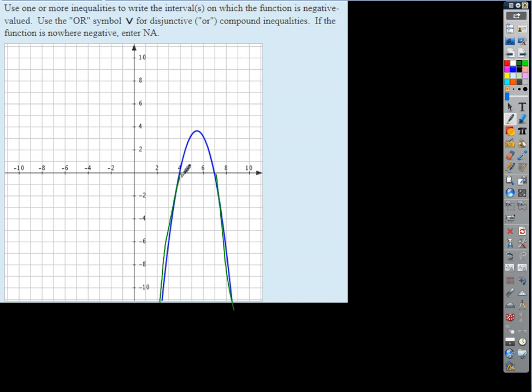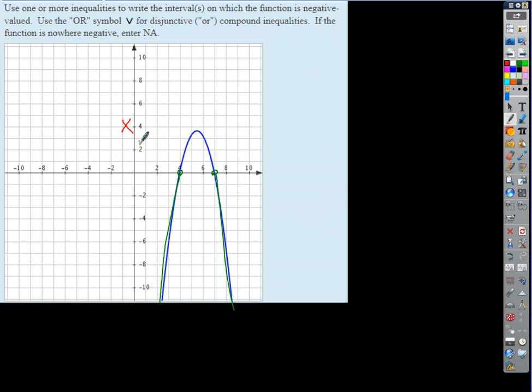Now, what about at x equals 4? Is it negative there? No, it's 0 there, so I won't include that point. And at x equals 7, it's 0, so I don't include that point. But what x values are we talking about then? What are the x values where this function is negative valued, when x is what? How about this part over here?